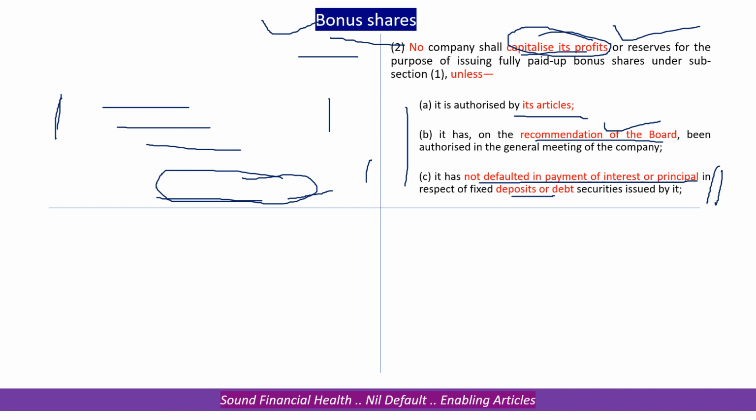Once again, clean, strong financial companies alone are permitted to go for bonus shares. If you are not servicing your existing creditors or existing stakeholders, you cannot reward your equity holders by converting that into capital, because when you capitalize, your commitment of dividend increases, outflow of dividends in future increases, earning per share comes down because the number of shares gets bloated.